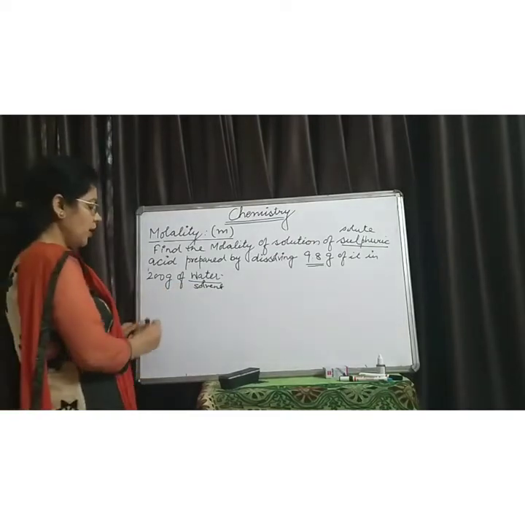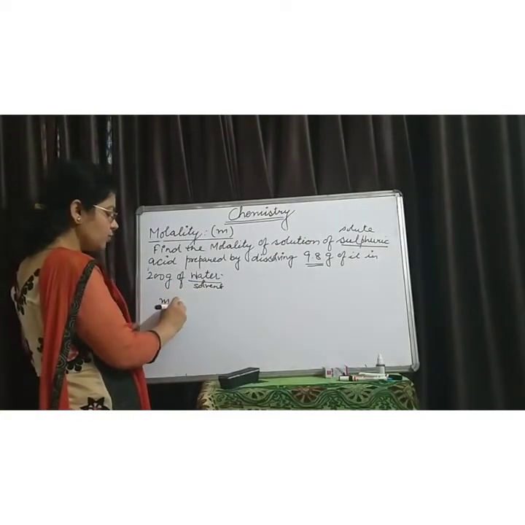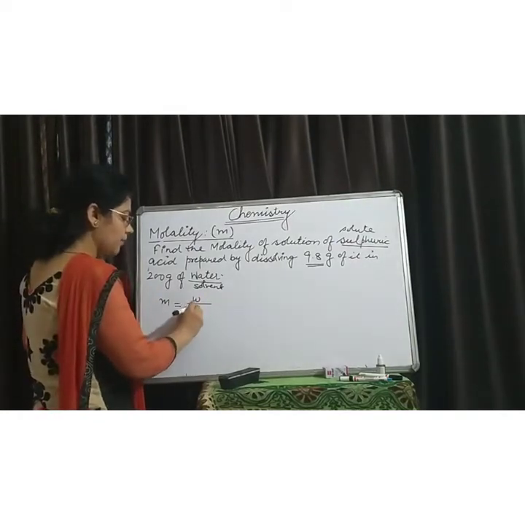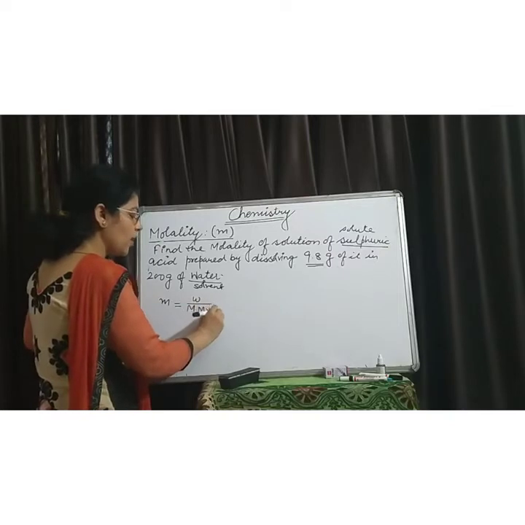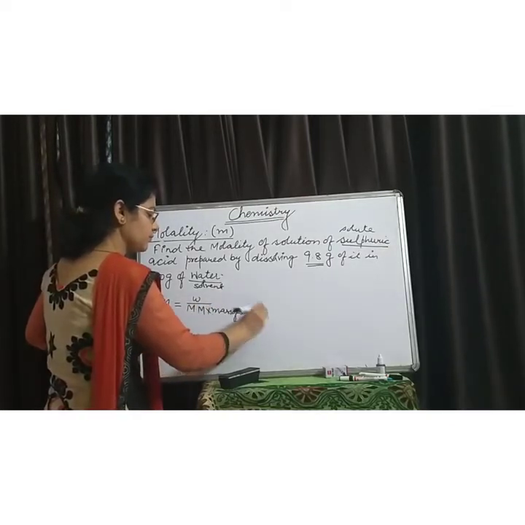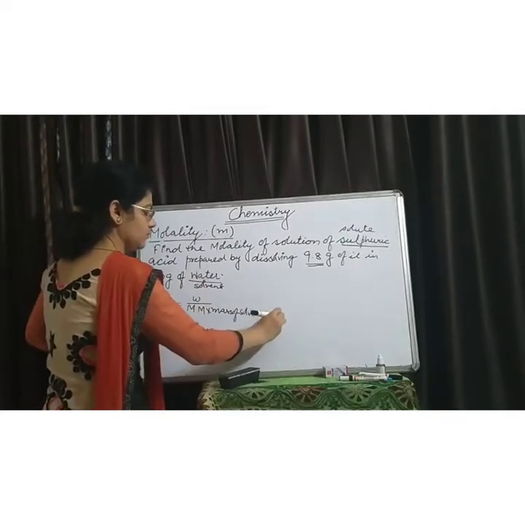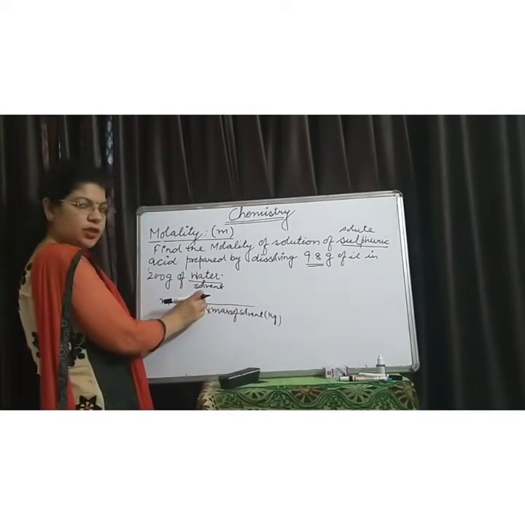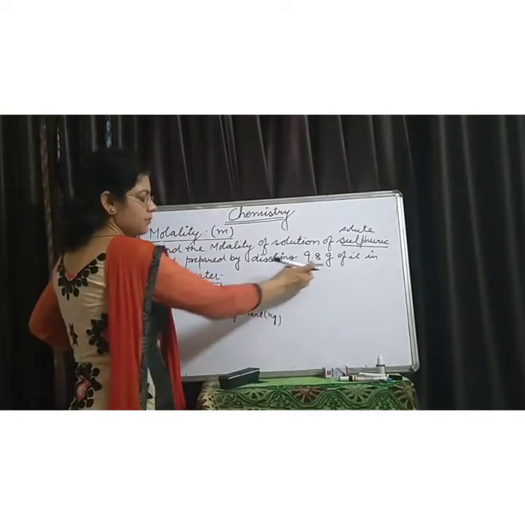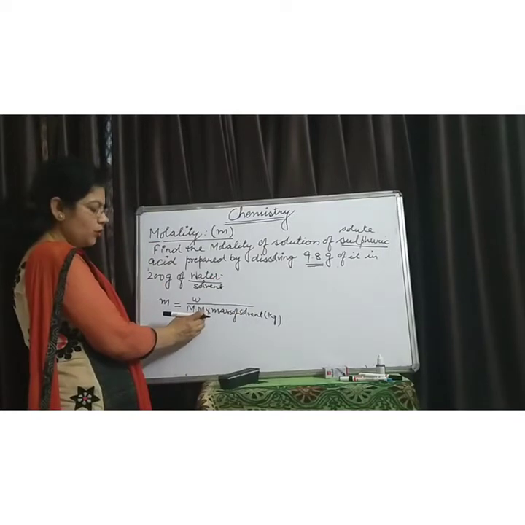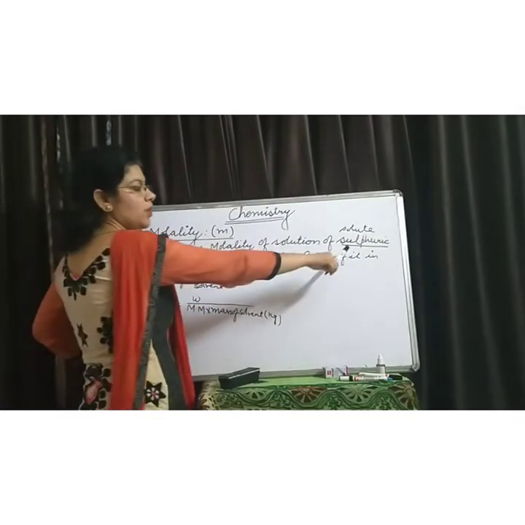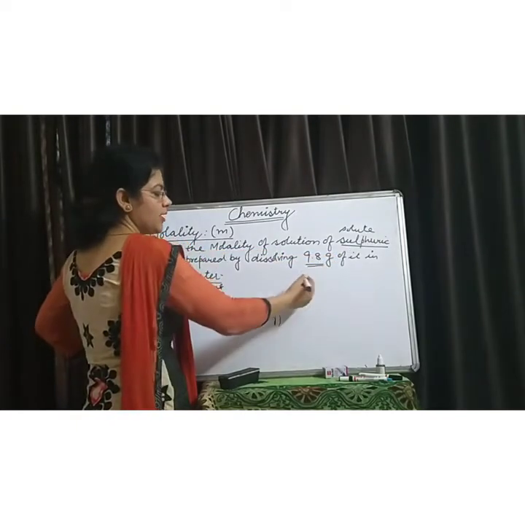So put the formula, molality of the solution is equal to W by MM into mass of the solvent in kilograms. Here W is the given mass of the solute, that is 9.8 grams. But the molecular mass, you have to calculate from the formula of the sulfuric acid.